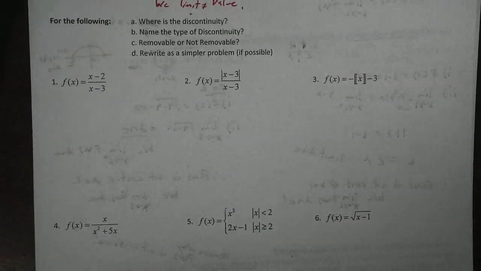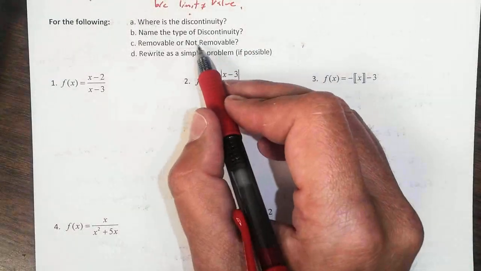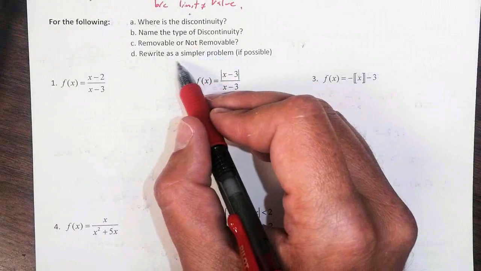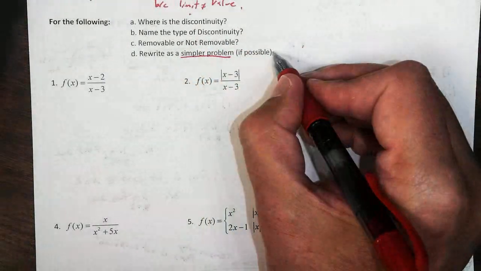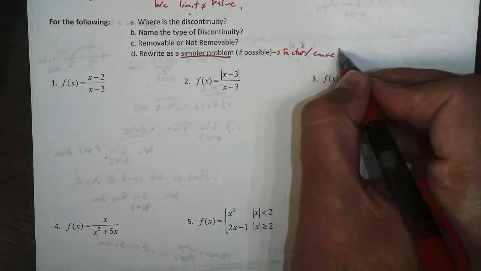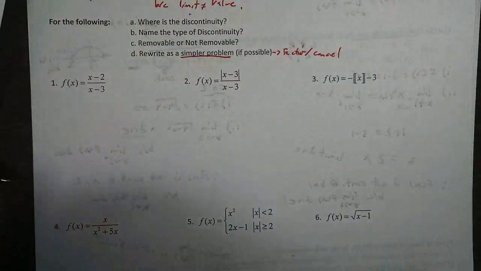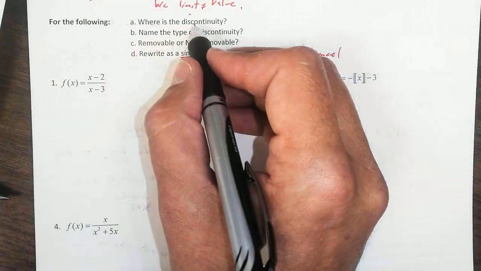So let's take a look at some examples. We're going to identify some discontinuities, the type, removable and not removable, and if we can, write as a simpler problem. I'll give you a hint. If you can write as a simpler problem, this is like that factor cancel method. Okay? So for number 1, I want to find out where the discontinuity is.